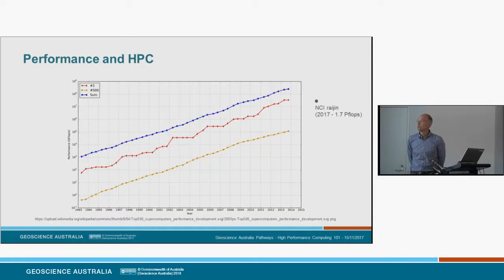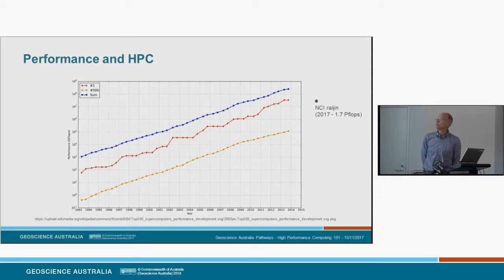So if you've ever been to one of the NCI talks here at GA before, you'll probably have seen this picture. It's a way that we sort of show the increase in performance in time. That red line in the middle, that's the fastest, the number 1 machine in the world. And you can see that we've got 10 to the 7th gigaflops, so that's petaflops now.